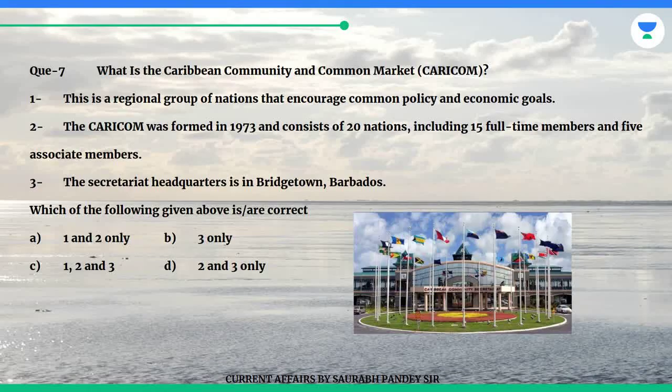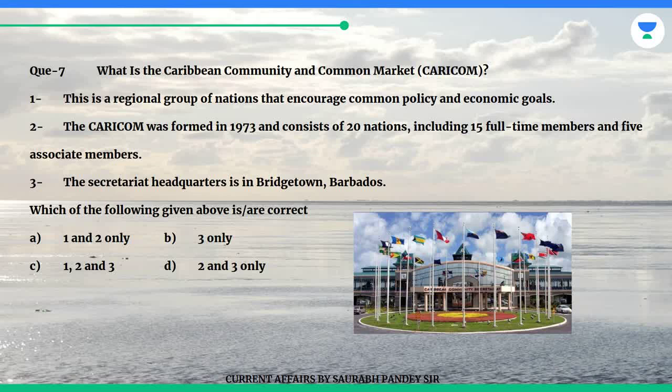Question 7. What is the Caribbean Community and Common Market, CARICOM? 1. This is a regional group of nations that encourage common policy and economic goals. 2. The CARICOM was formed in 1973 and consists of 20 nations, including 15 full-time members and 5 associate members. 3.